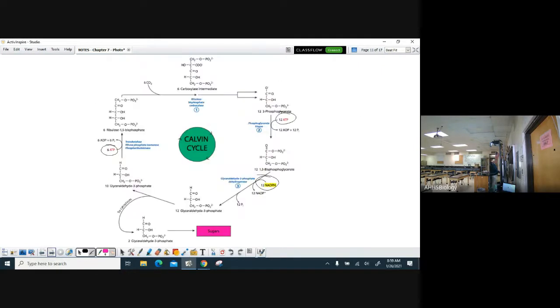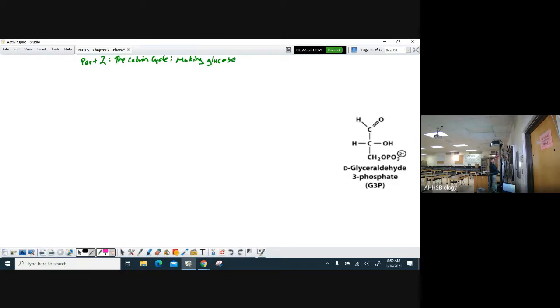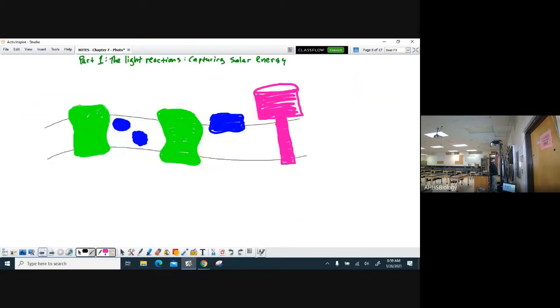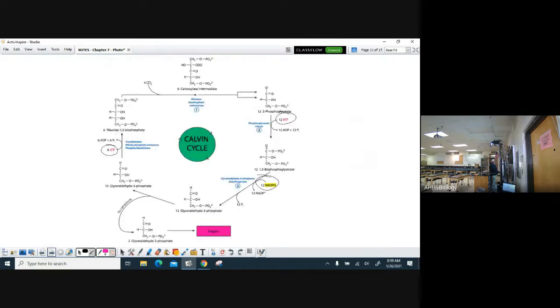Our second wrinkle has to do with this. Right here. You see that right there? Carbon dioxide. How many carbons do you see in ribulose 1,5-bisphosphate? 5.